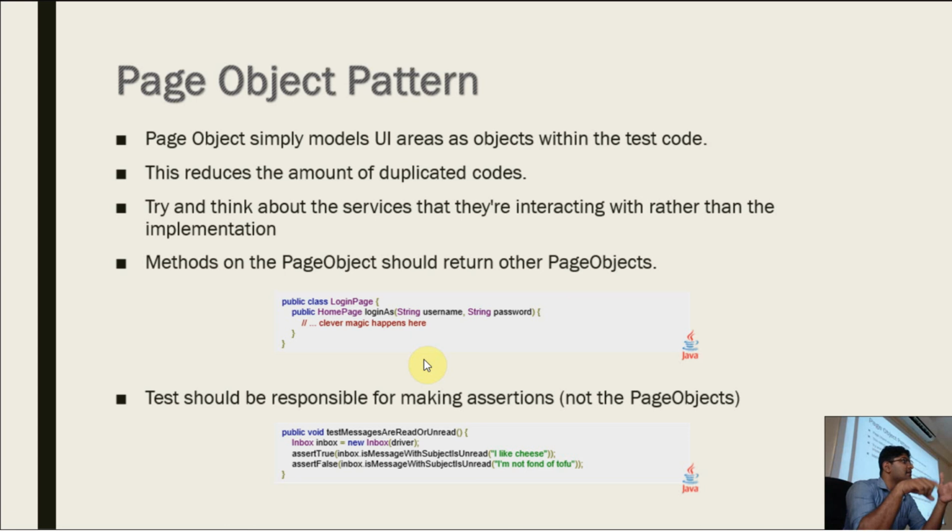Based on the page, after we click on a link, it will redirect to another page. Let's say we are at a login page and we are entering the username and password. After entering the data and pressing the login button, we will be redirected to the home page.